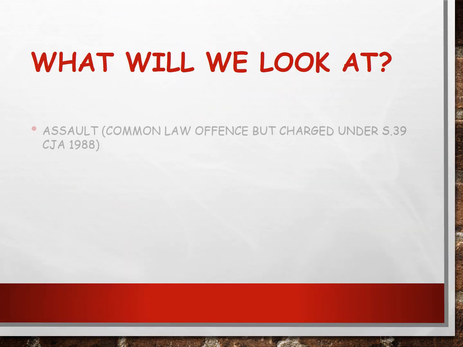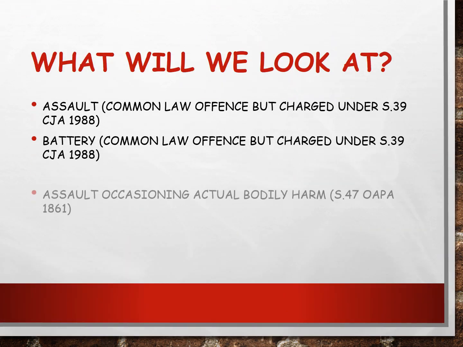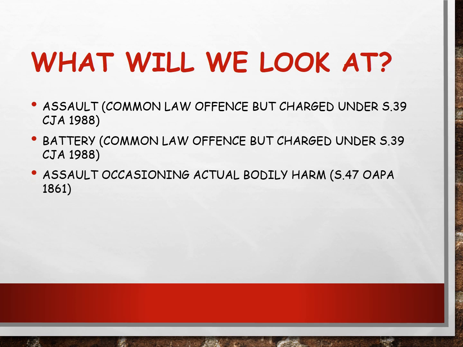So the offences we are going to look at are assault and battery. Now, assault and battery are the two lowest level offences. These derive from common law, so if you remember, these are made by judges, but they are also charged.